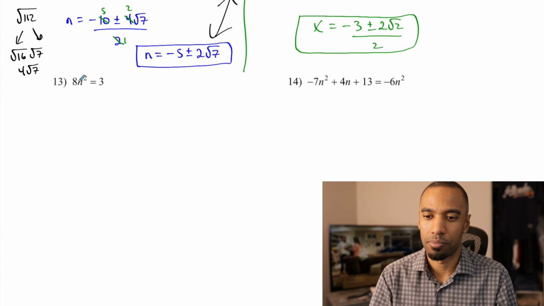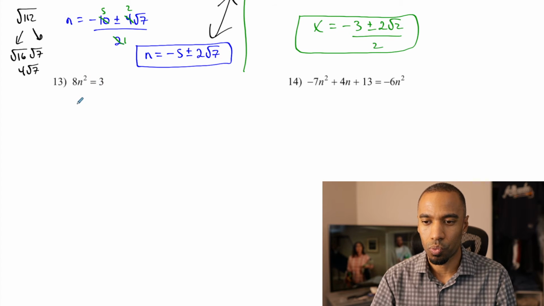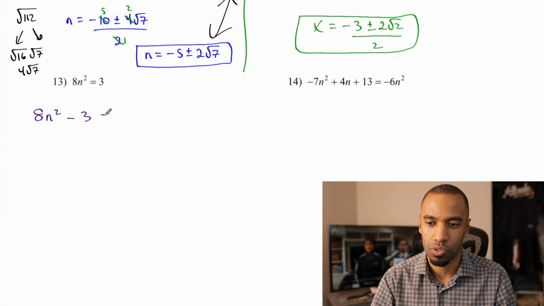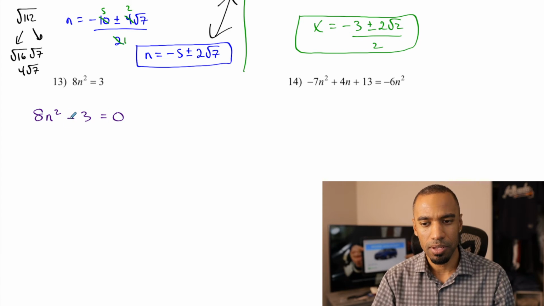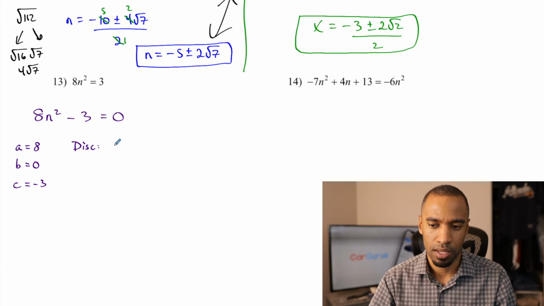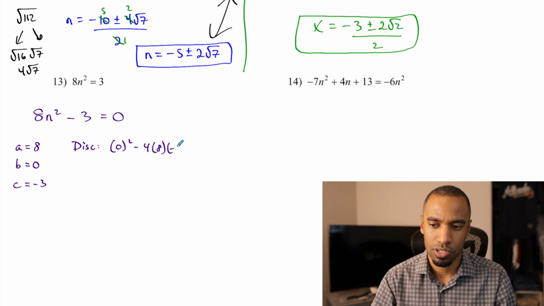All right, 2 more problems. Number 13, 8n squared equals 3. If I subtract 3 from both sides, I'm going to get 8n squared minus 3 equals 0. If you remember, guys, there's a missing middle term, right? So that's the b value that's missing. A is 8, but b is 0, and c is -3. So when we do the discriminant here, this would be b squared minus 4ac.